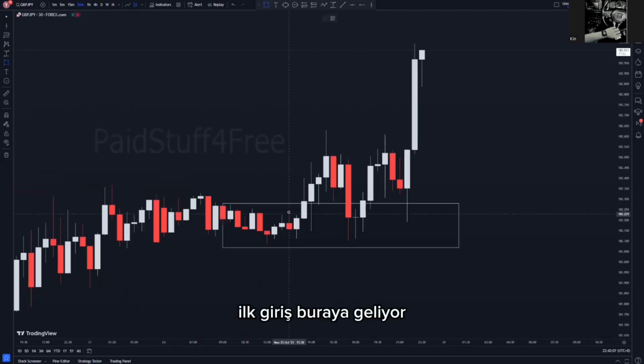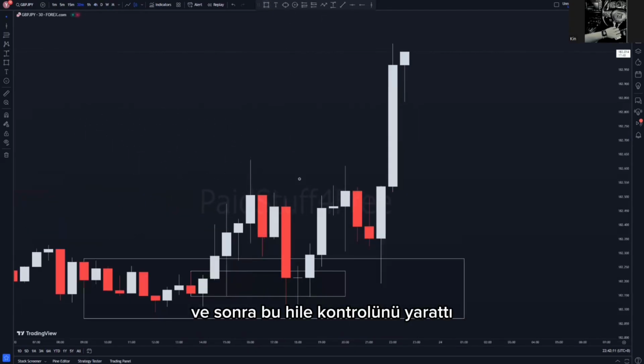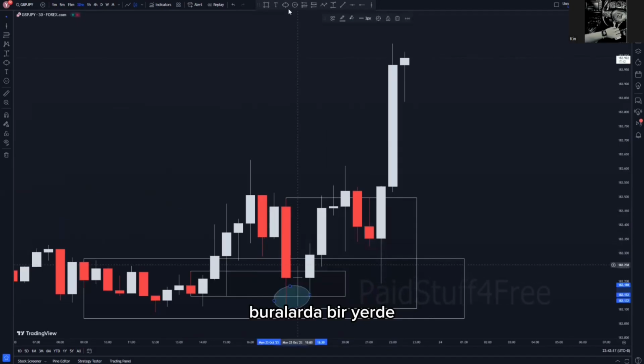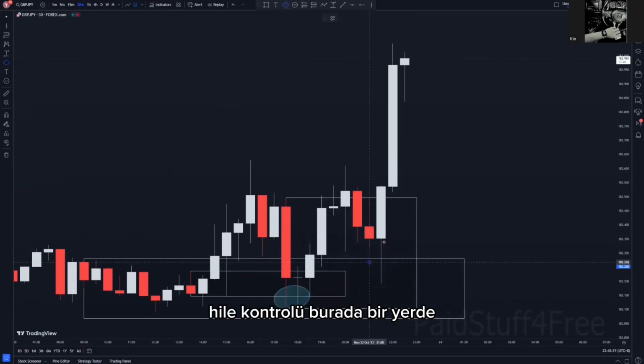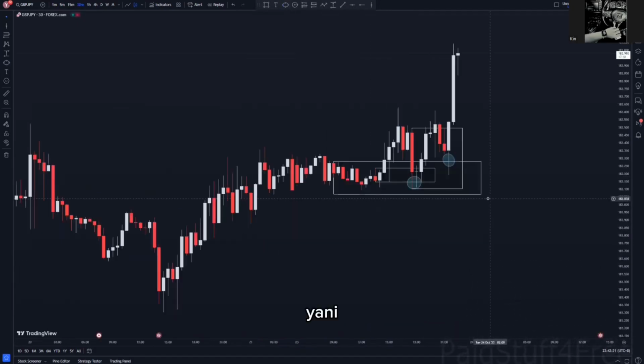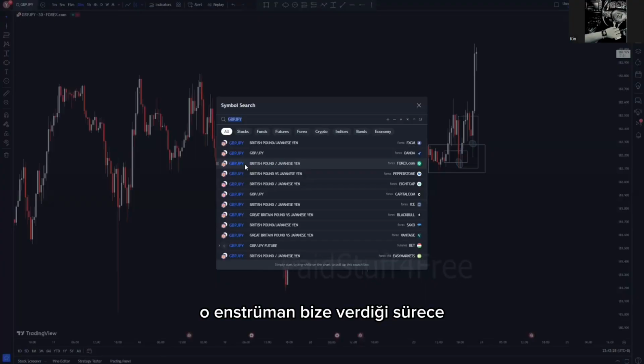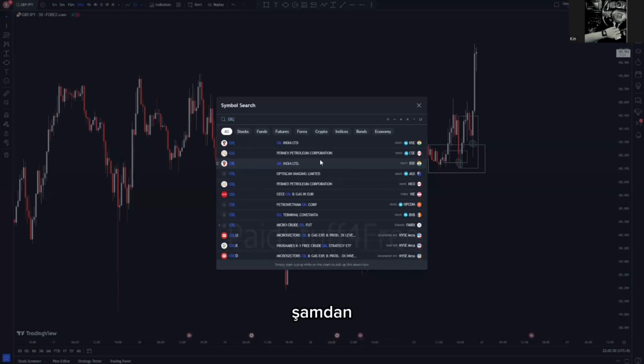The first entry comes here, right? And then created this trade control. So you're going to get the first entry somewhere around here, the trade control one somewhere around here. Get it? So don't worry, this method works on everything as long as that instrument gives us candlesticks.